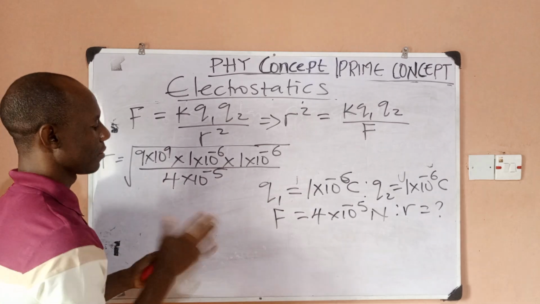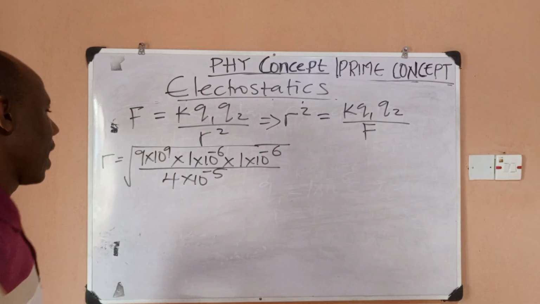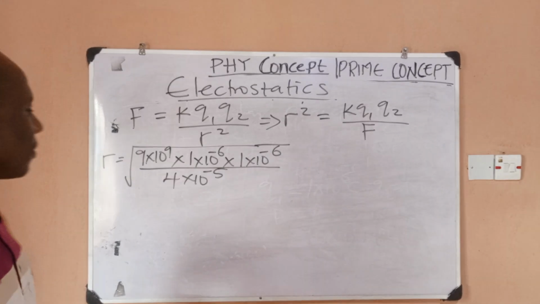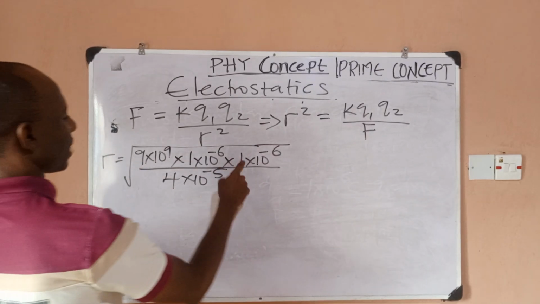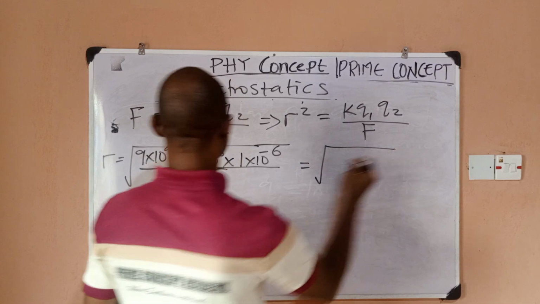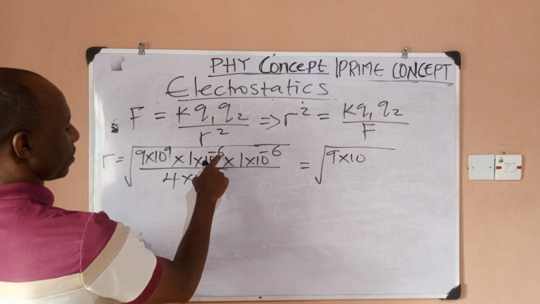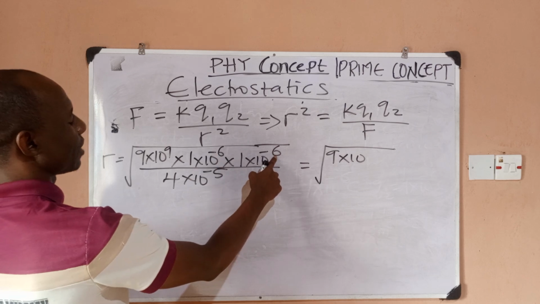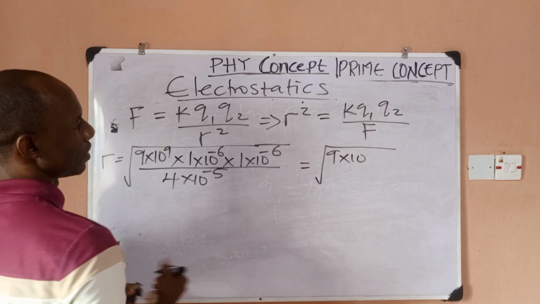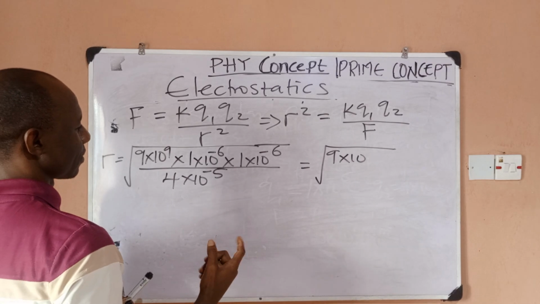So this is what I have. So if I punch this, I would have 9 times 1 times 1 is 9. So I have square root of 9 times 10 to the power, so minus 6 and minus 6 is minus 12. So 9 minus 12 is minus 3.